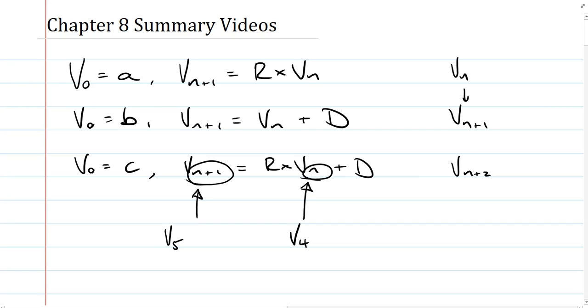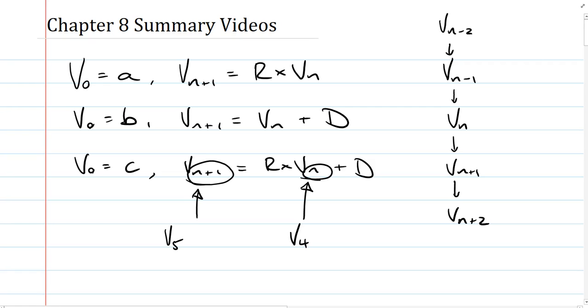So they go in that direction. But another way to look at it is Vn comes after Vn minus 1. And that comes after Vn minus 2. So they're all relational, basically. They're just talking about terms in a sequence. And so let's have a look at how they work.